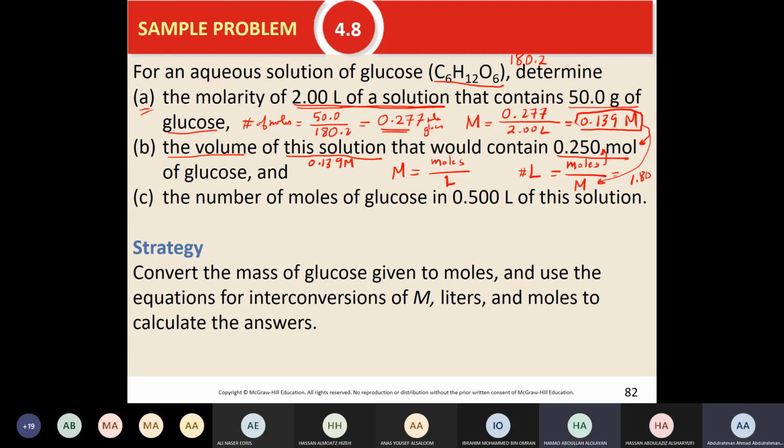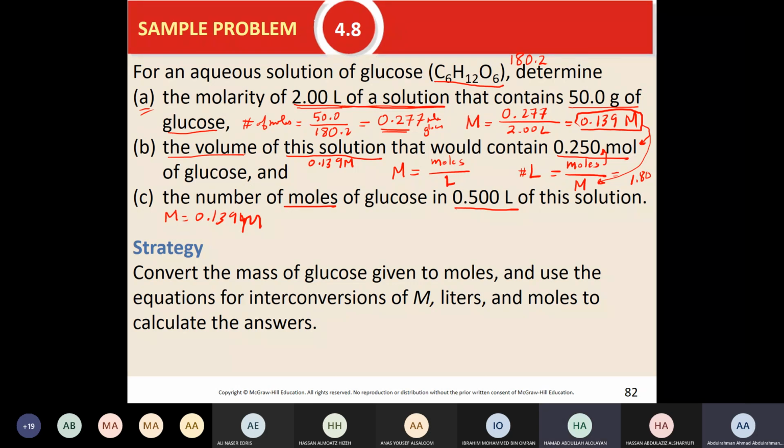Okay, last question. Same thing. The volume is 0.500 liter, and the molarity is 0.139 molar. And I want to know the number of moles.